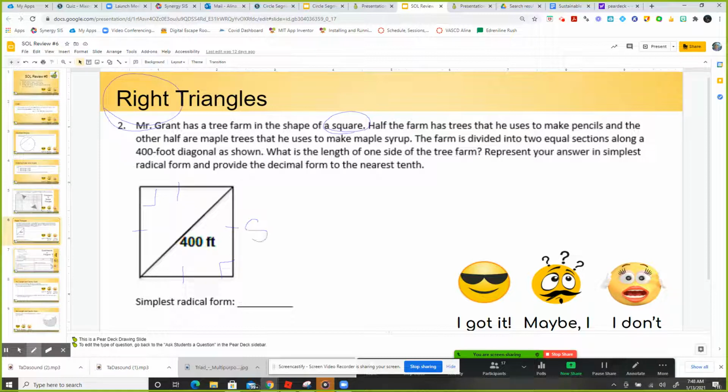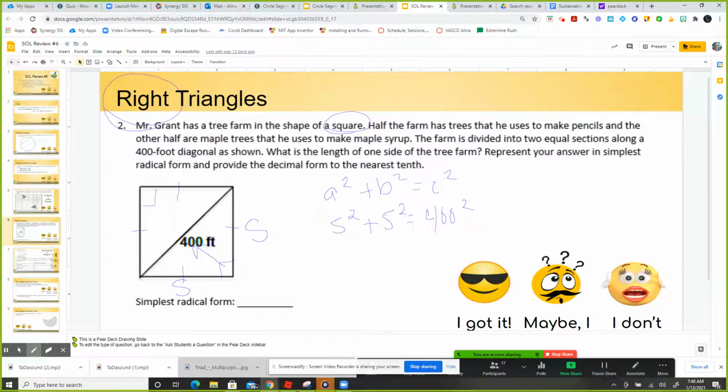So I've got a side here and a side here. Well, automatically, I think right triangles, Pythagorean theorem. So a squared plus b squared equals c squared. My hypotenuse is always the c, so I'm going to put the 400 here. And these sides are both the same, so I can make that s squared and s squared.